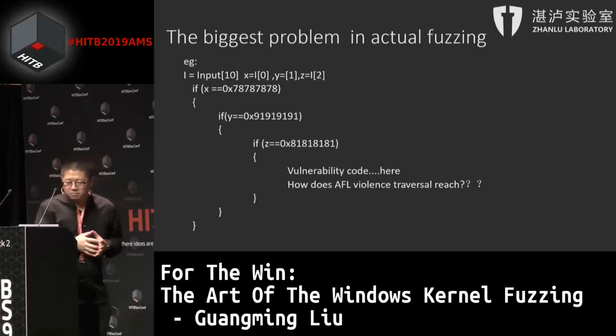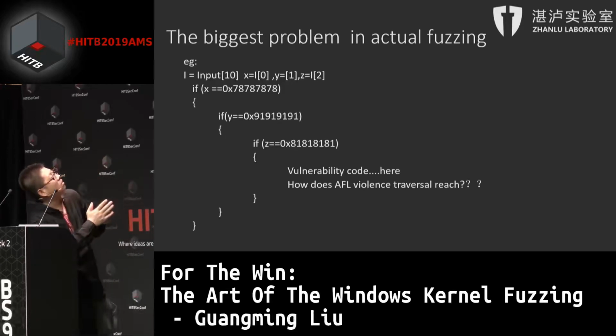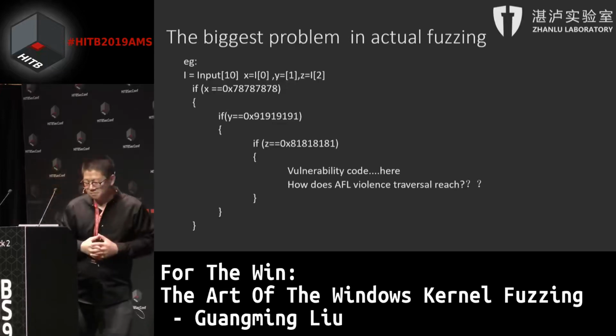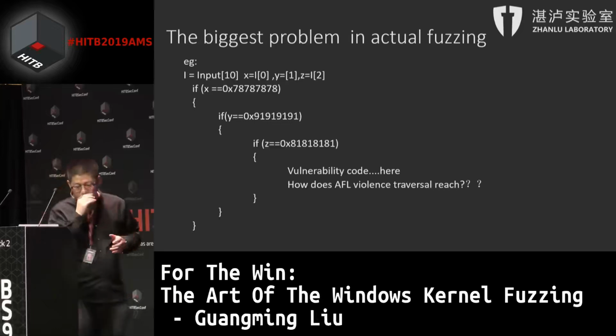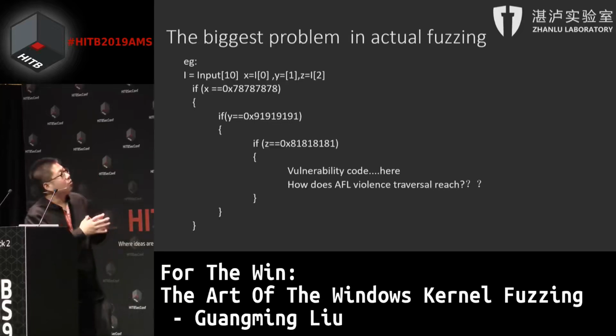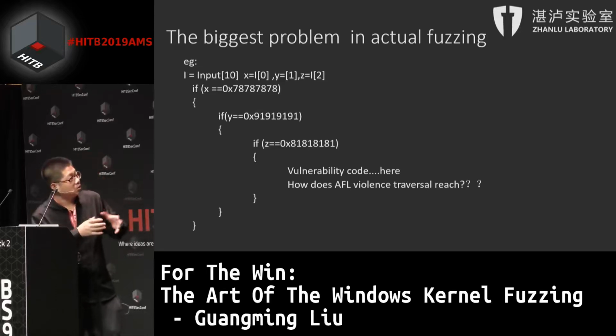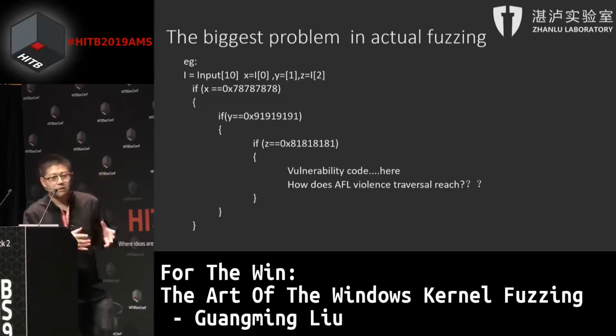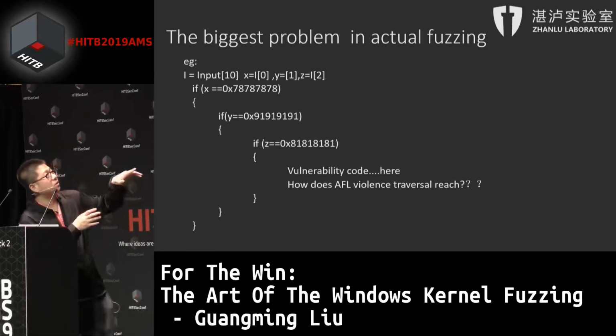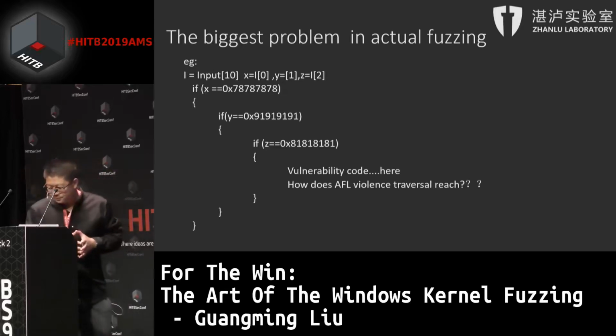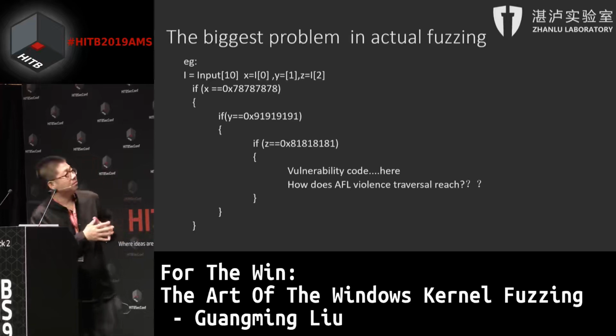When you meet code just like this, if you want to reach the target vulnerability code, how can you do it? Not manually. Automatically reach the vulnerability code. This is the biggest problem.